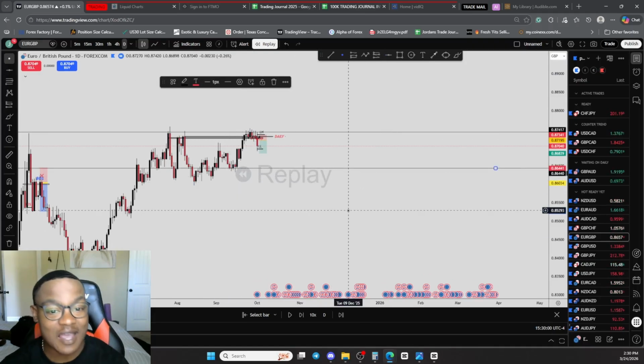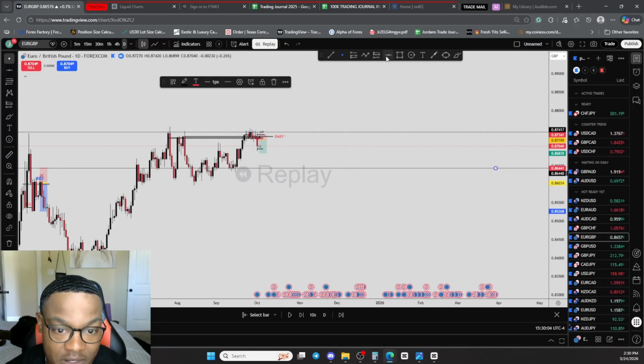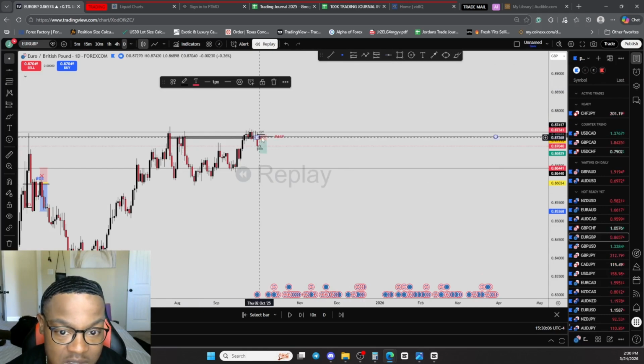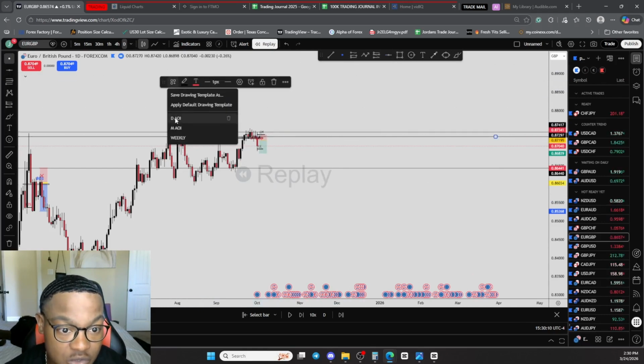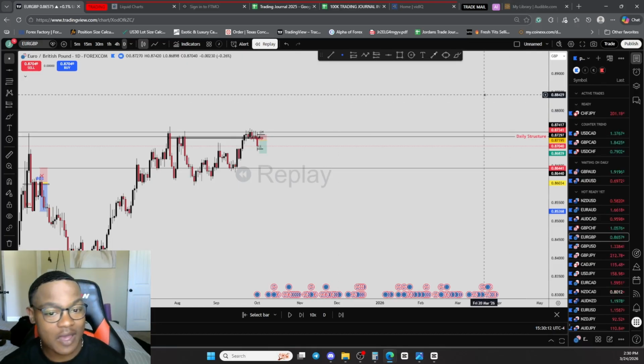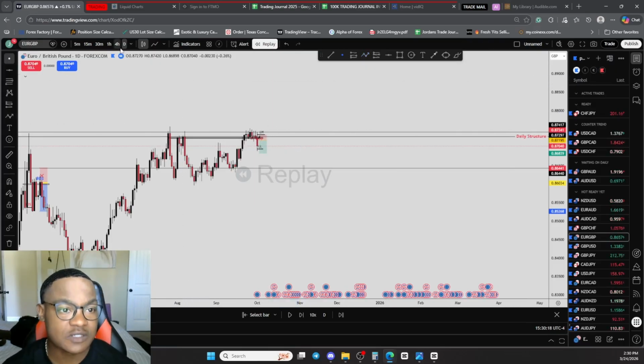So this is exactly what the market was looking like when we were looking to take a trade. And if I just actually delete this daily thing, and then we're gonna add our original daily structure break, this is exactly how I had the market drawn out. So the moment price got back below my daily area of interest, I went to the 4-hour to see if we were doing some type of break and retest.